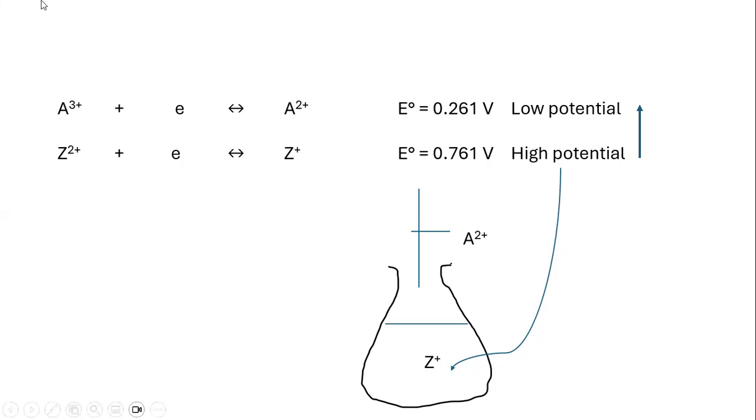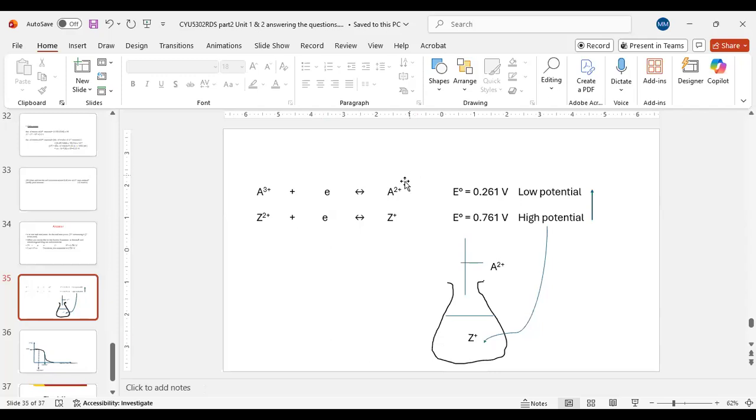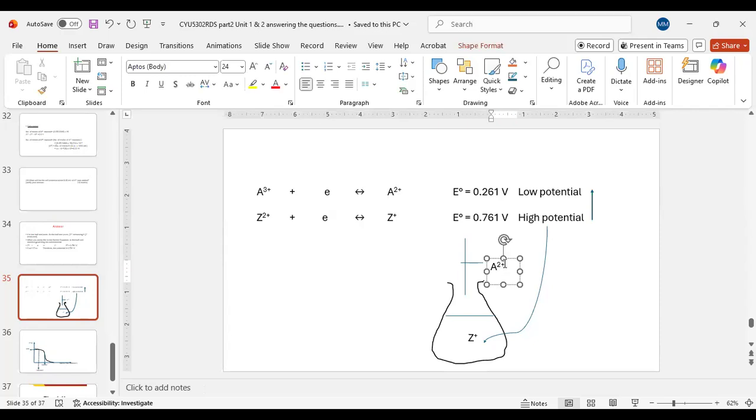The same error is coming again. I'll correct it. Sorry, this is going to be 3 plus.